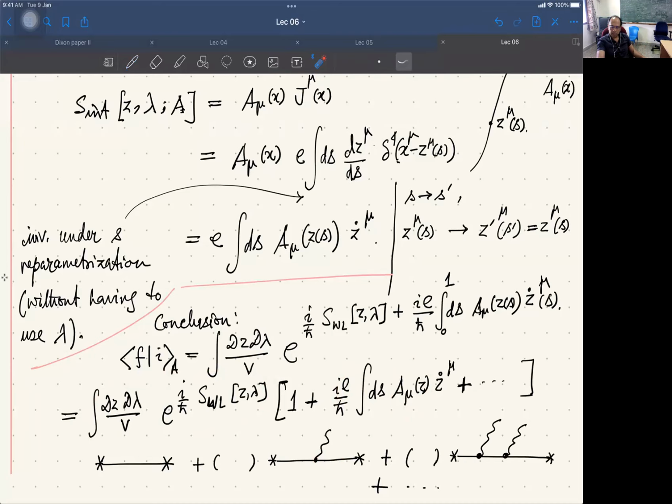In the second term, next term, there will be a factor of e square. So if e is small, it's like a perturbation expansion in e, and what you are getting is that this entire result is like a 2-point function, but it is not the usual field theory, usual free particle 2-point function.